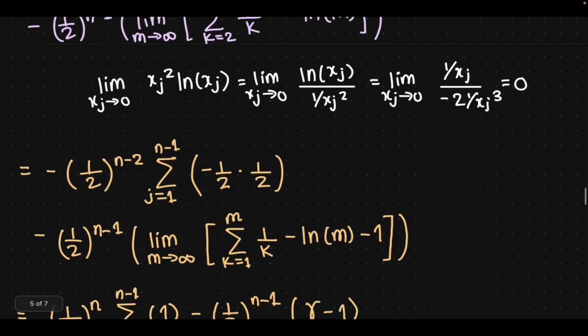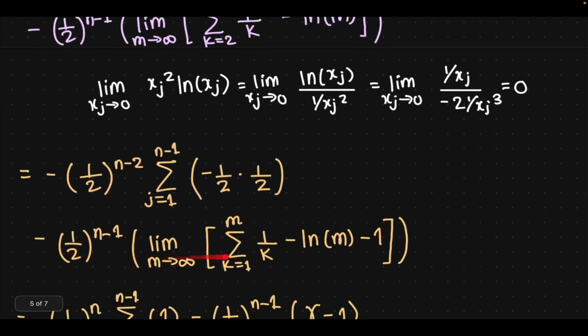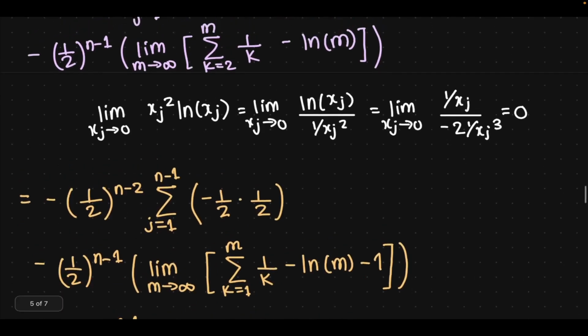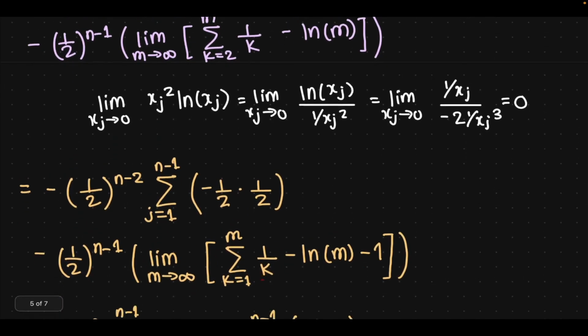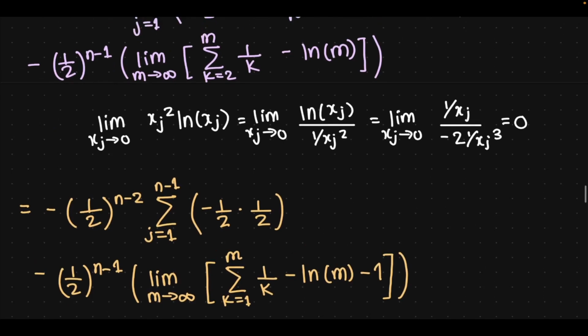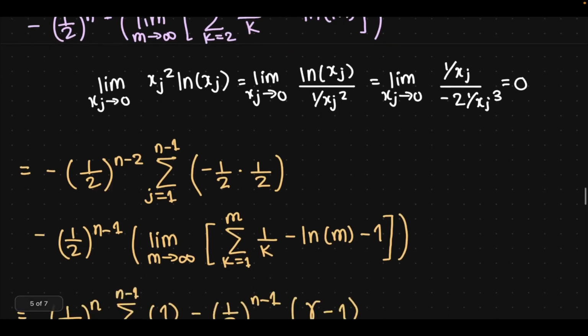And then in the rest of the terms, the second term is just as it is. All I've done here is, you notice the sum starts from 2. I wanted it to start from 1. So what I've done is I've added and subtracted the k equals 1 term in this sum. The k equals 1 term is 1.